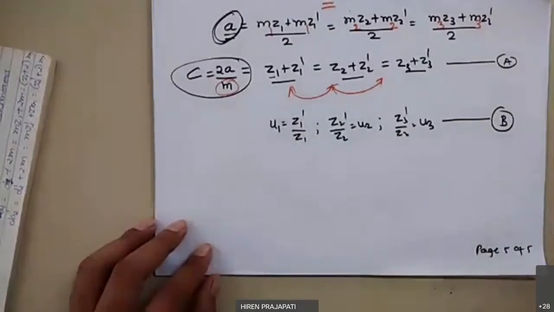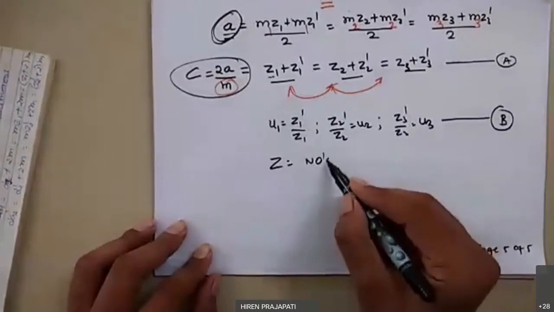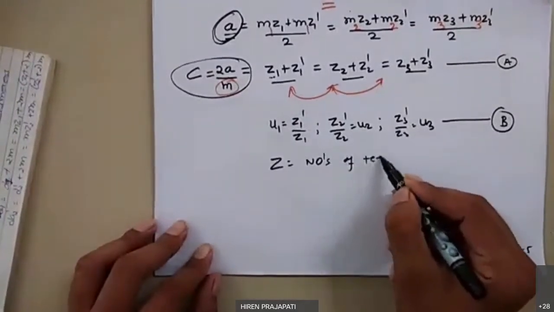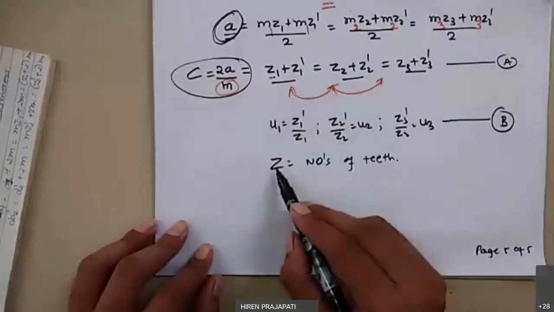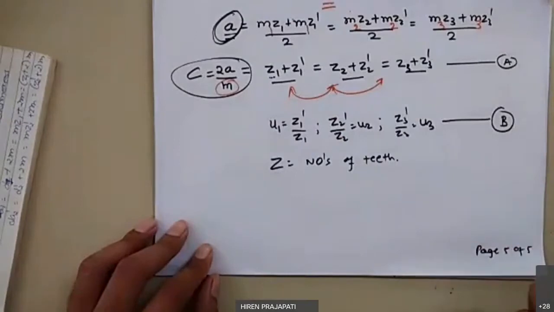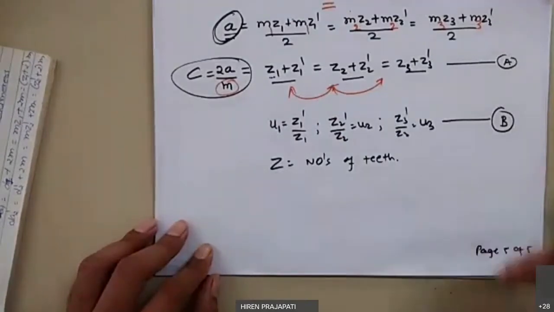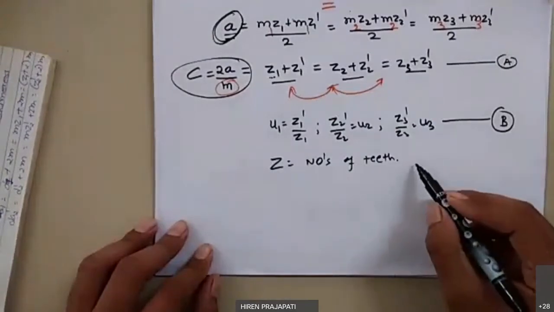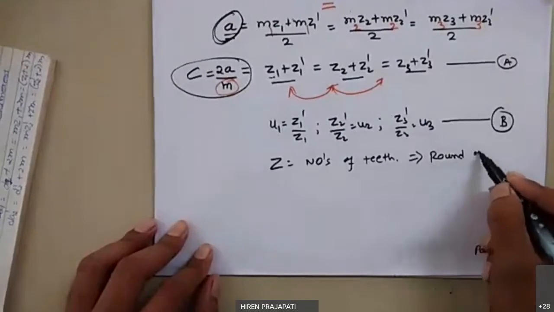But Z is the number of teeth on a particular gear. Z cannot be in fraction. It should be an integer value, right? So that's why we need to do some round off.